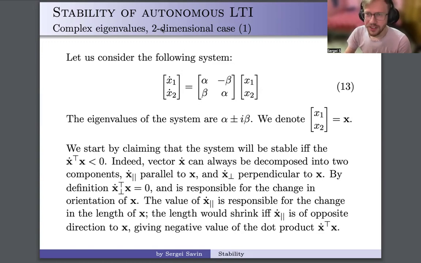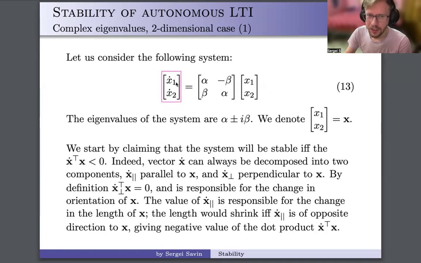Now we will consider a more complex case. We have a 2x2 system with complex eigenvalues.